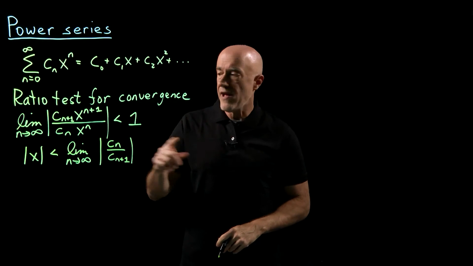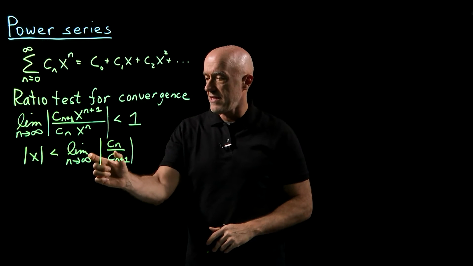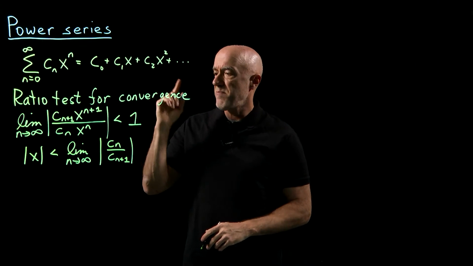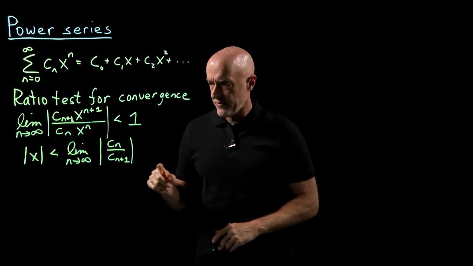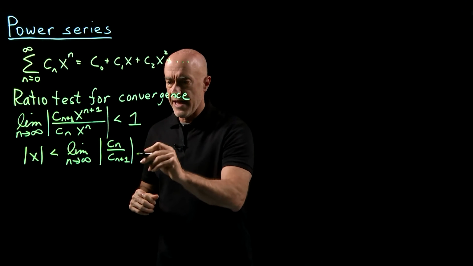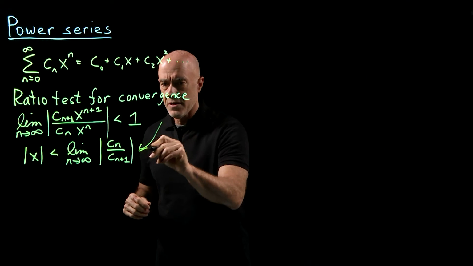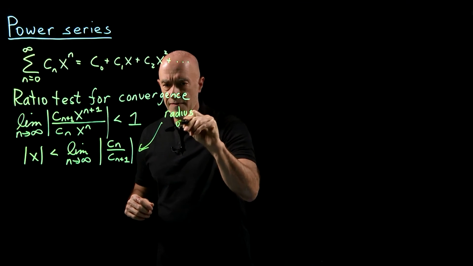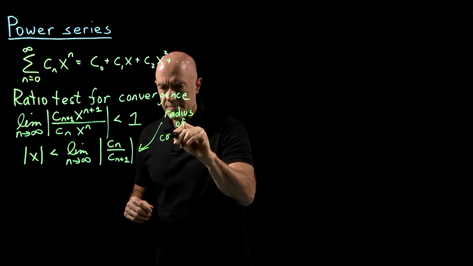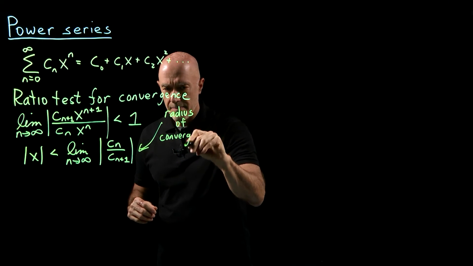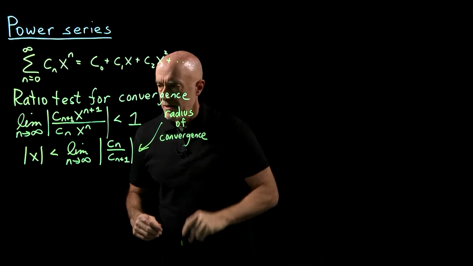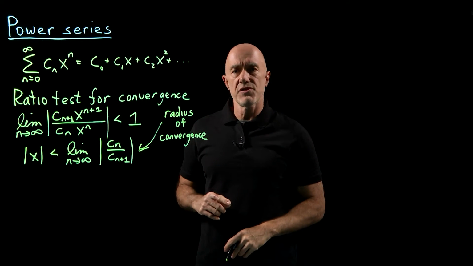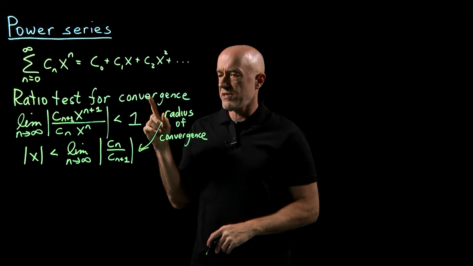So when the absolute value of x is less than the limit of the ratio of these coefficients, then the power series converges. This thing here has a name. This is called the radius of convergence. So if the absolute value of x is less than the radius of convergence, then the power series converges.